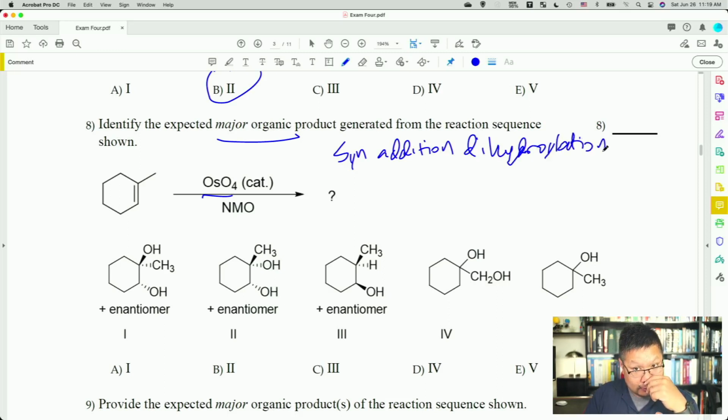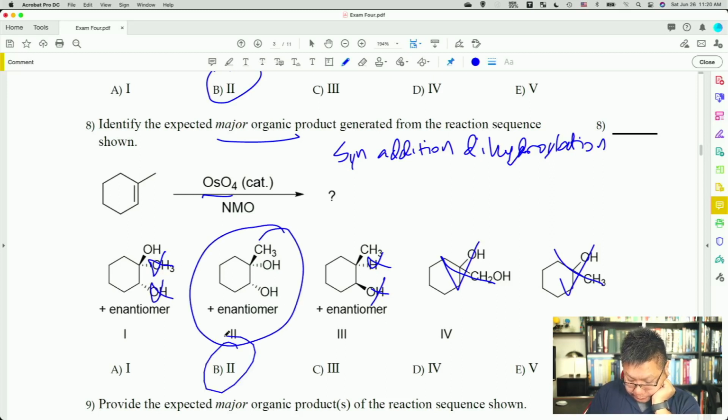Right? So you're adding OHs at the syn positions, syn to each other, right? None of those are actually stereochemically defined, right, or configuration defined. Here the OH is pointing out at you, and the H is pointing inwards. Here the methyl group is there, syn with the OH, so that's wrong. So the answer is B again.